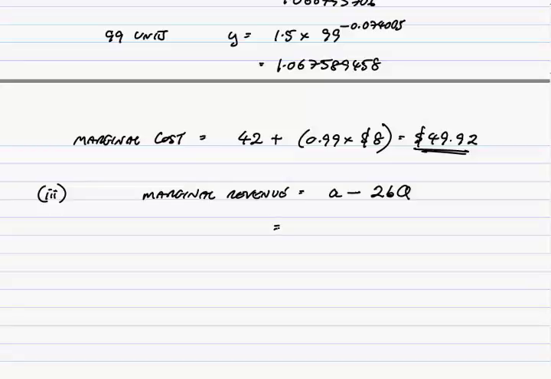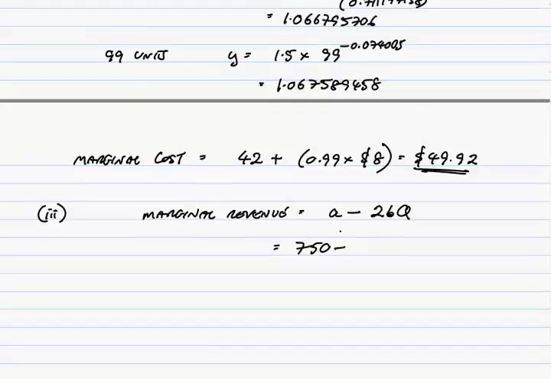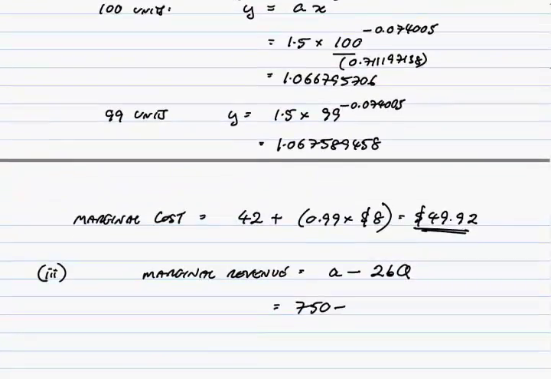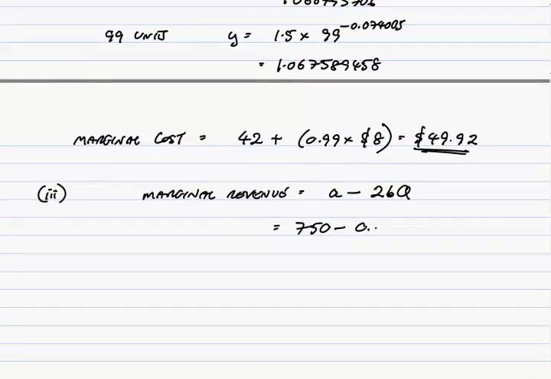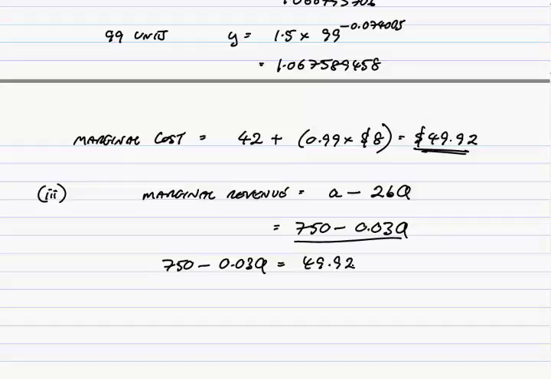And we did work them out above. A was 750. B was 0.015, so 2 times it, 0.03Q. Make the two equal. Marginal cost equals marginal revenue.